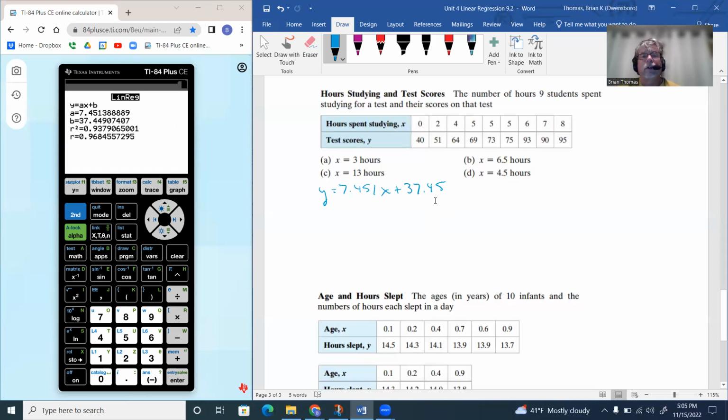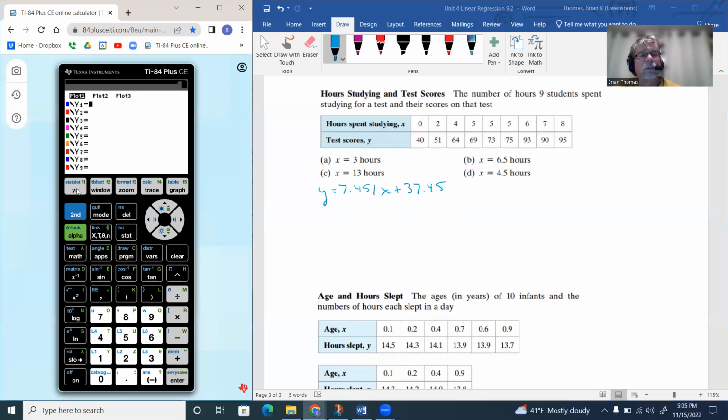So what I want to do now is actually graph this line of best fit. On your calculator, if you hit y equals, I type in 7.451x plus 37.45.